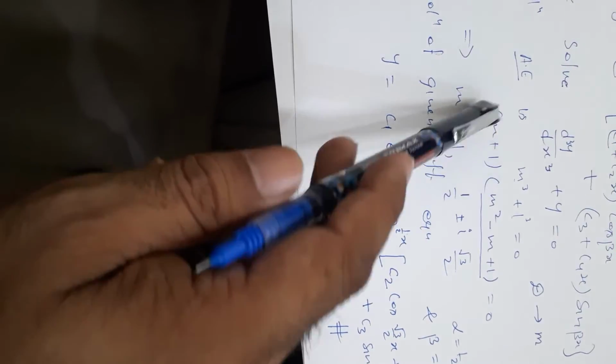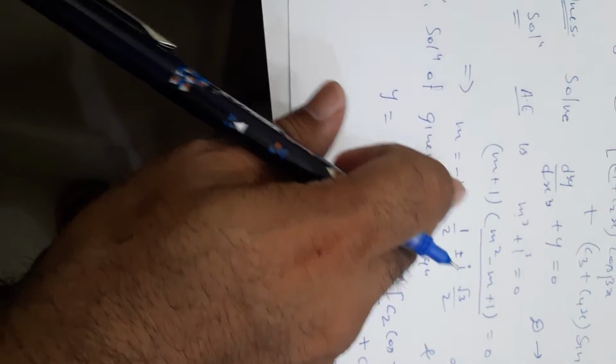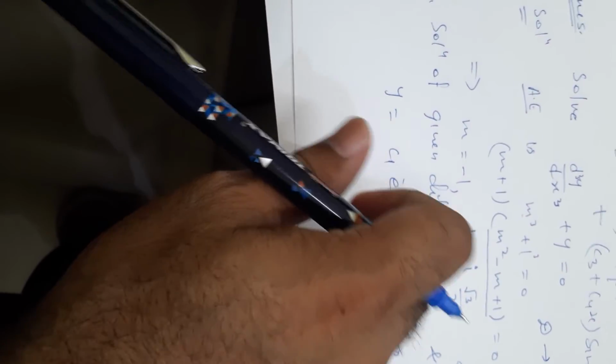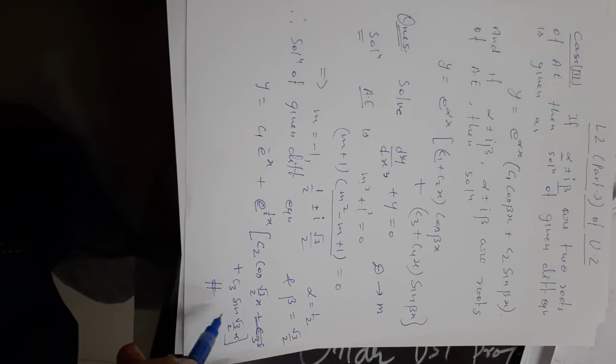This equation is known as the auxiliary equation, and on solving we have three roots: minus 1 and 1 by 2 plus minus i root 3 by 2. Okay, so this is the solution. Clear?